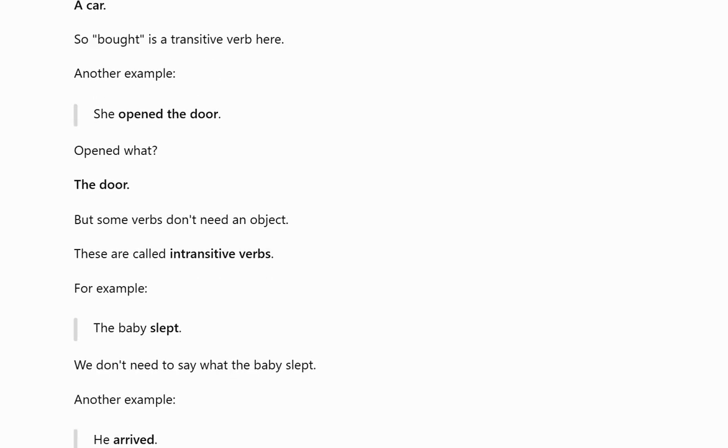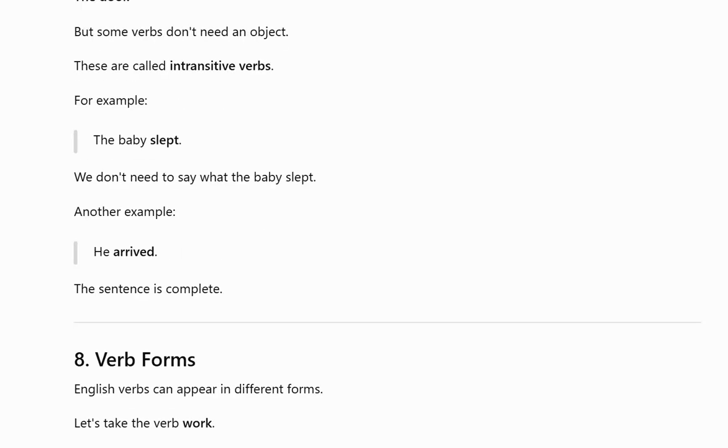She opened the door. Opened what? The door. But some verbs don't need an object. These are called intransitive verbs. For example, the baby slept. We don't need to say what the baby slept. Another example, he arrived. The sentence is complete.